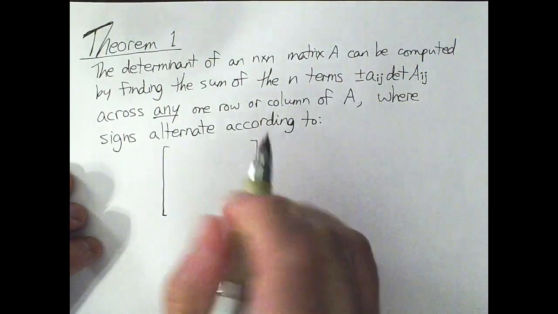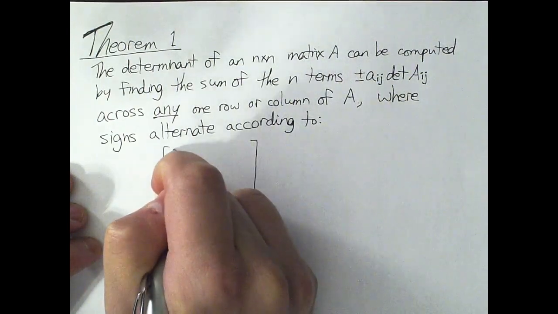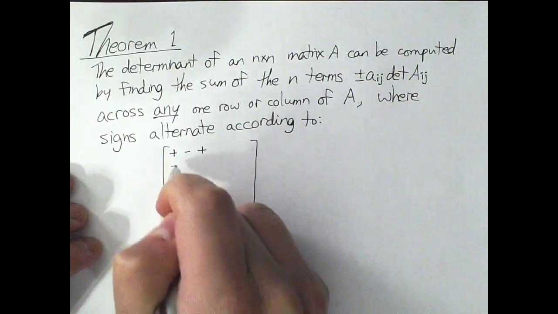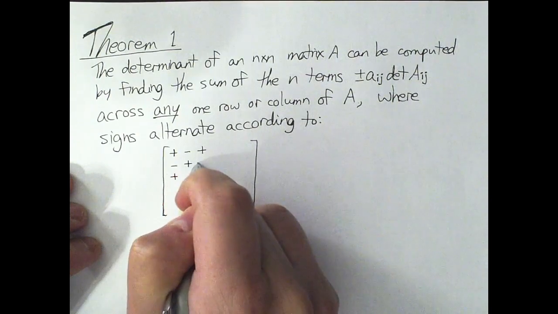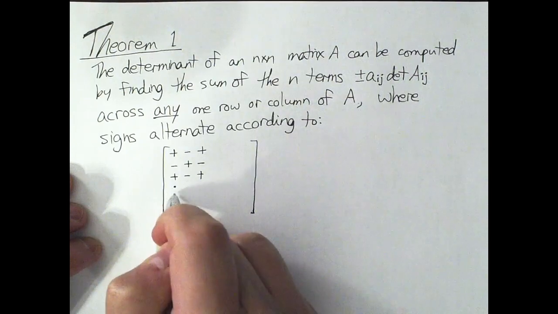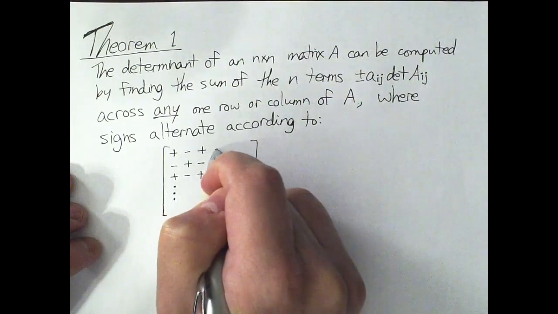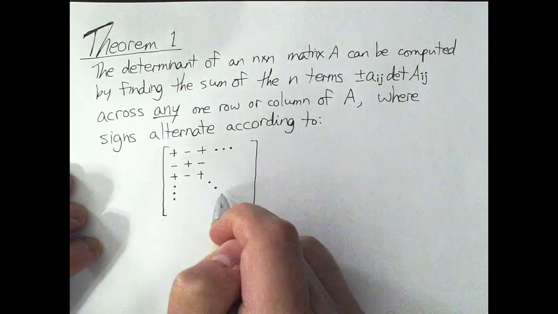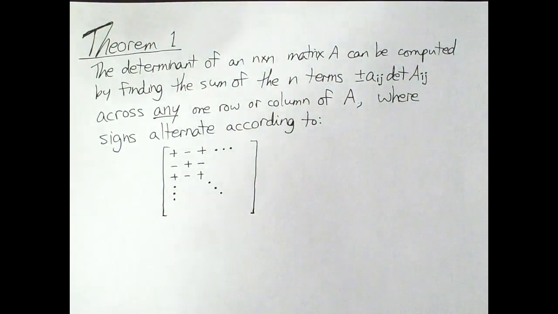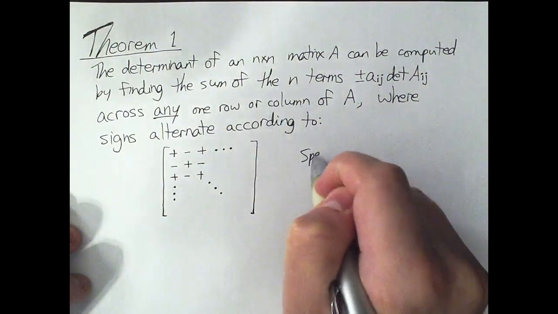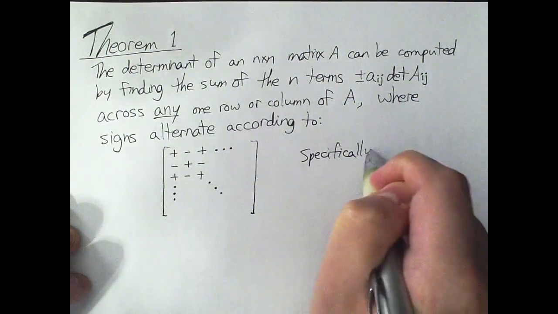It's a square matrix, but we're not assuming how big it is. It could go on, it could be 10 by 10 or whatever. We alternate according to this. Maybe you think of this as a checkerboard pattern that keeps going: plus, minus, plus, minus, plus, minus. Do you see what's happening on the diagonal, though? The diagonal's all pluses. Let's put something in parentheses here, because you might say, why are we drawing a diagram?